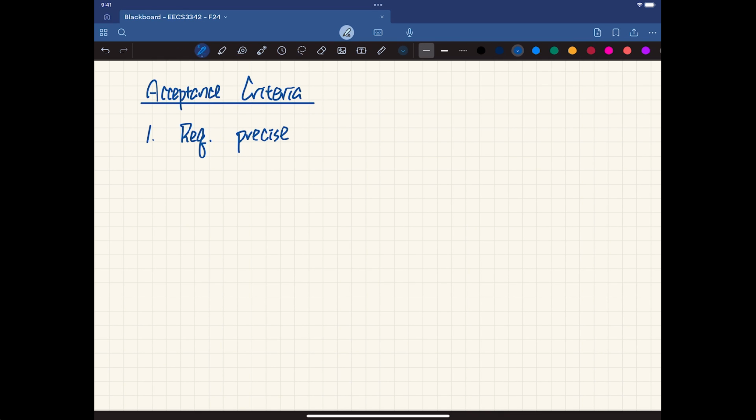Okay, what does it really mean to be precise? Well, easy. There should be no ambiguity, and there should be no contradiction. No ambiguity, and also no contradiction.